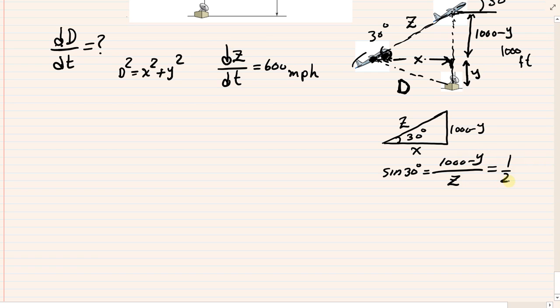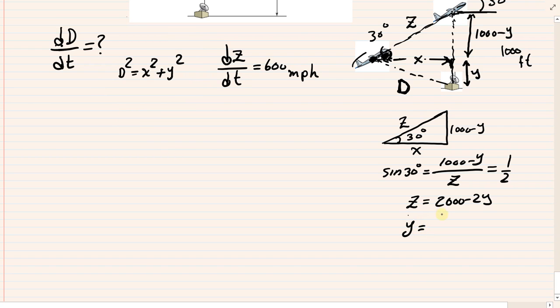Sine of 30 degrees is 1/2. So I can cross multiply here, and I get Z is 2,000 minus 2Y. Or we can solve for Y, because I want to go in with Z there since I'm given dz dt.